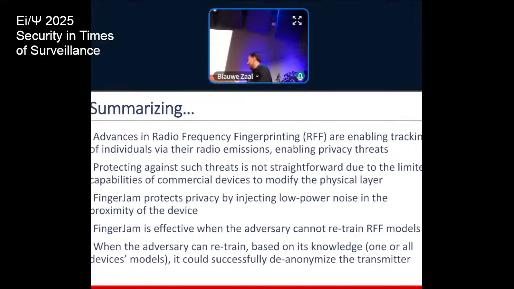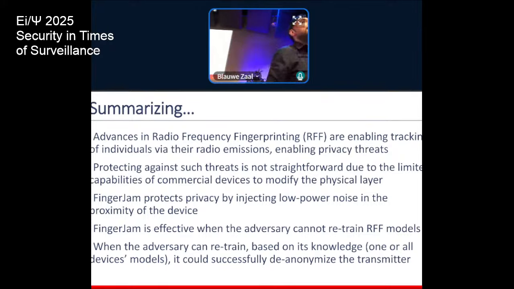Protecting against such a threat is not really straightforward because you have the constraints of commercial devices. You don't want to touch these devices as much as possible. The solution we experimented with in these results is a solution where you use a low-power jammer externally, without modifying the device, to try to protect its privacy.